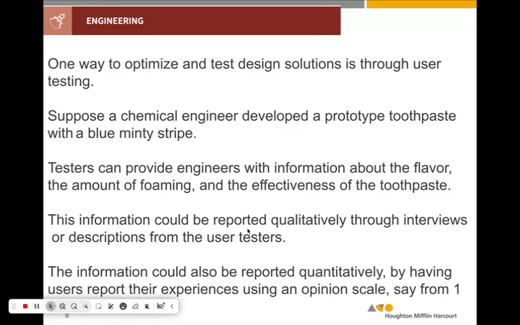This information could be reported qualitatively through interviews or descriptions from the user testers, or quantitatively by having users report their experiences on an opinion scale, say from 1 to 5.